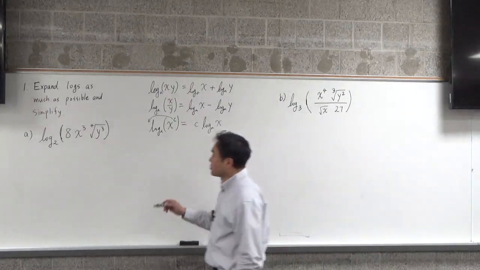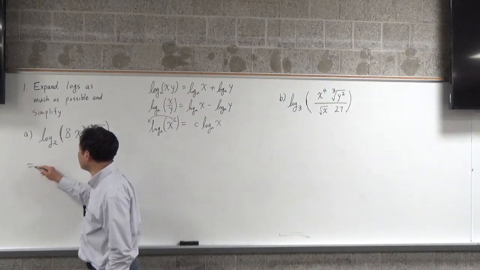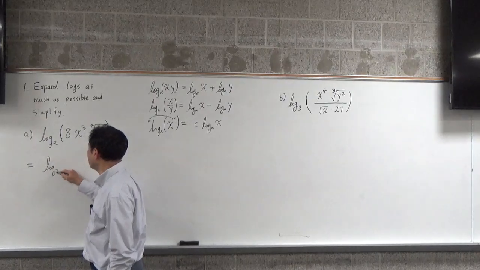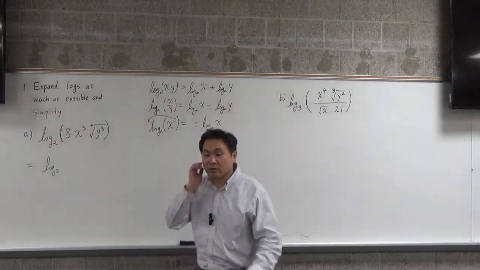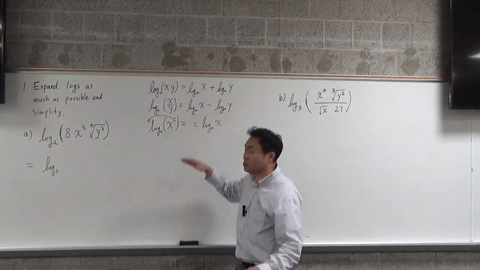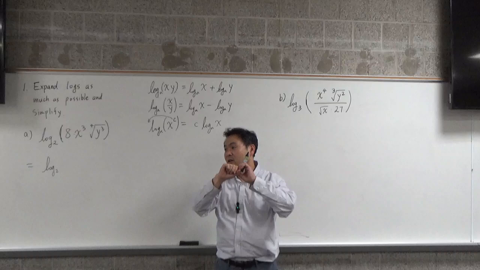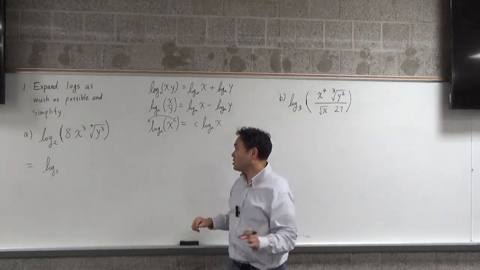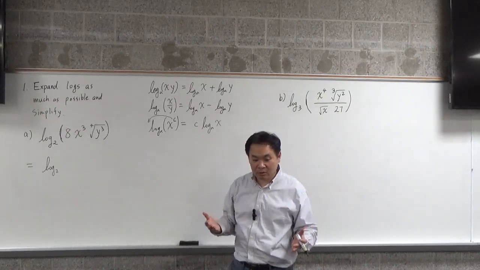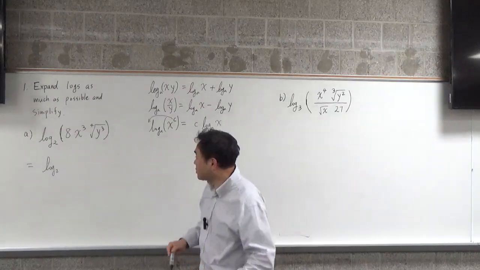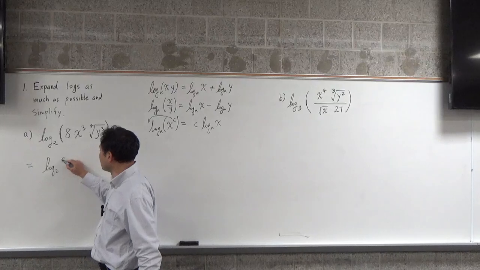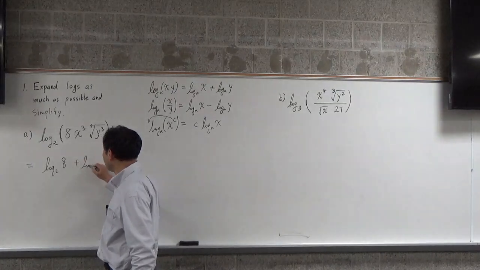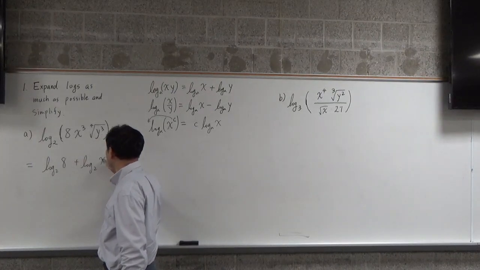Okay, so let's try this first one. Now, the expanding is basically making use of these three rules to split the logs as much as possible. And sometimes you can simplify them, you should. So these are multiplications, so you can split them as additions between logs.